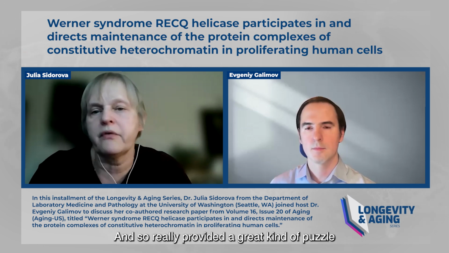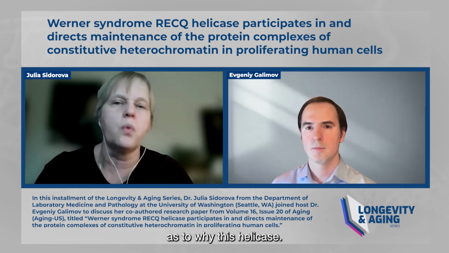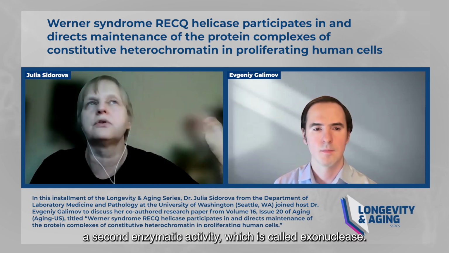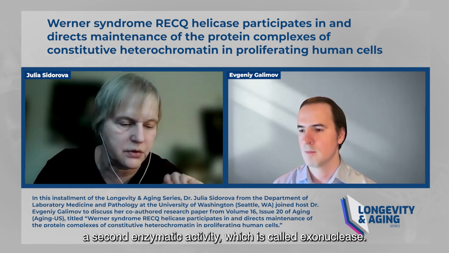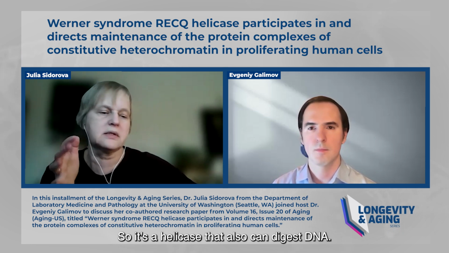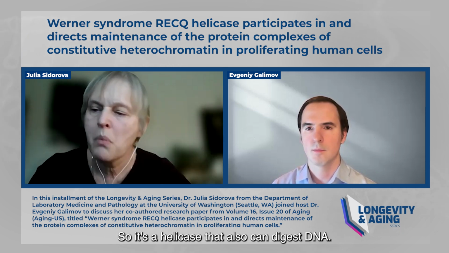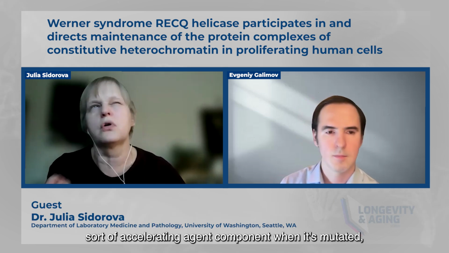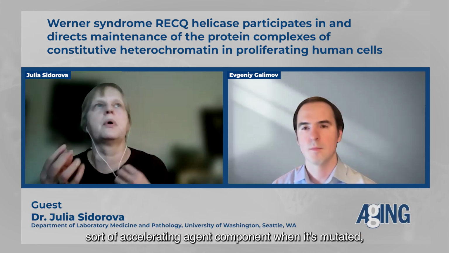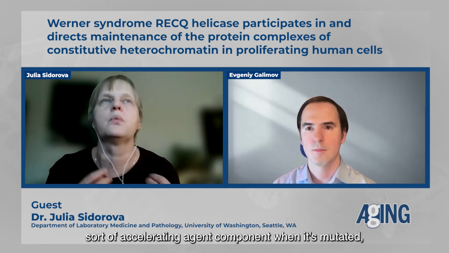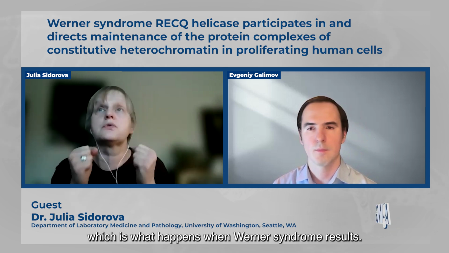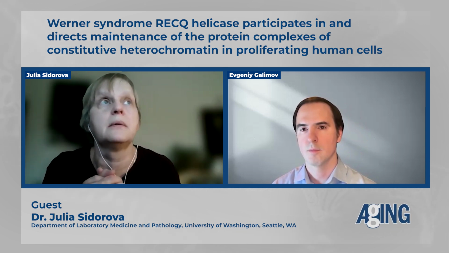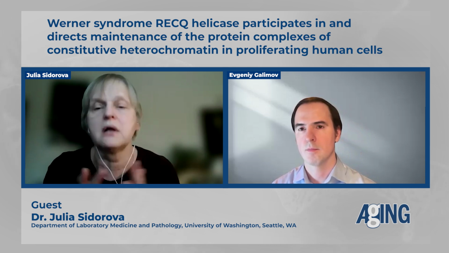So it really provided a great puzzle as to why this helicase. It actually also has a second enzymatic activity, which is called exonuclease. So it's a helicase that can also digest DNA. So why does this enzyme have such a strong accelerating component when it's mutated, which is what happens when Werner syndrome results?